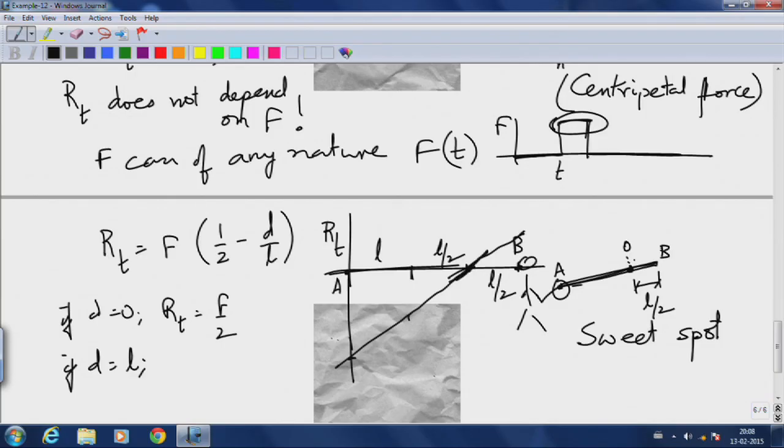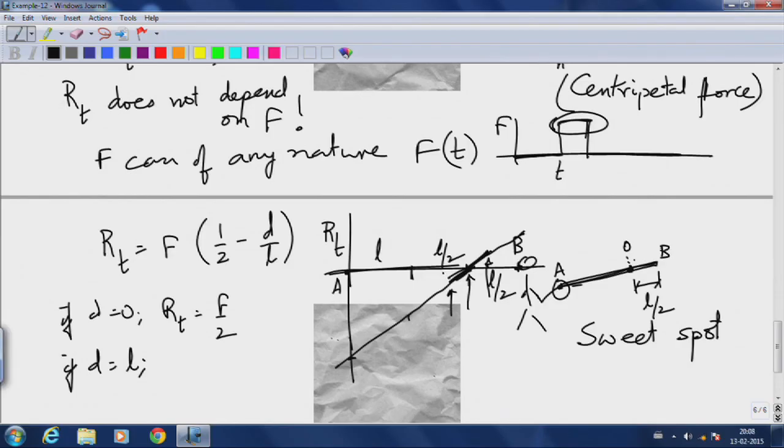If the force is not exactly at this point, but slightly off to the side, you would feel the racket. If it is slightly away from you, you would feel the reaction force to be positive. That means you would have to push the racket forward in order to hold on to it.